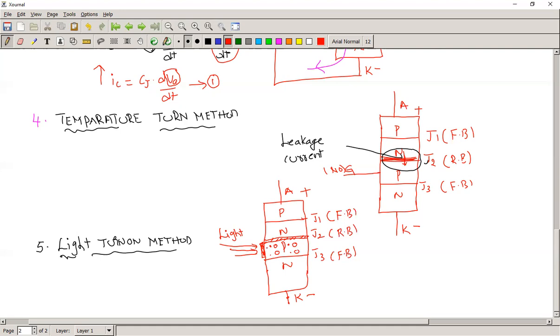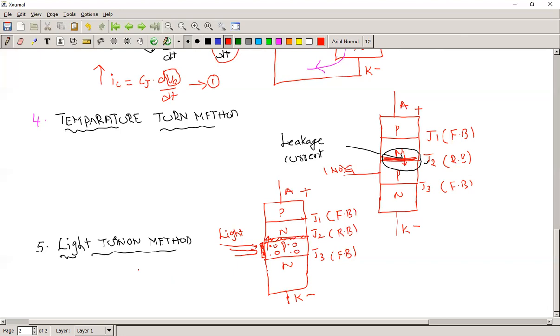The charge carriers will move towards the junction J2 so that junction J2 vanishes. Once it vanishes, the device goes from the blocking state to the on state. This type of turn-on of SCR is nothing but the light turn-on method.